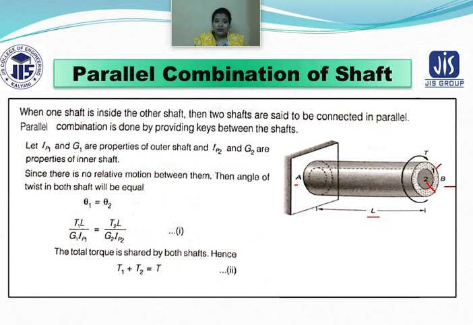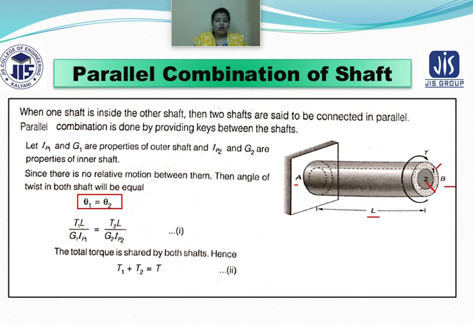But in the parallel combination of shafts, since there is no relative motion between them, the angle of twist in both the shafts will be equal. That means theta 1 is equal to theta 2. This is the basic condition of a parallel combination of shafts.